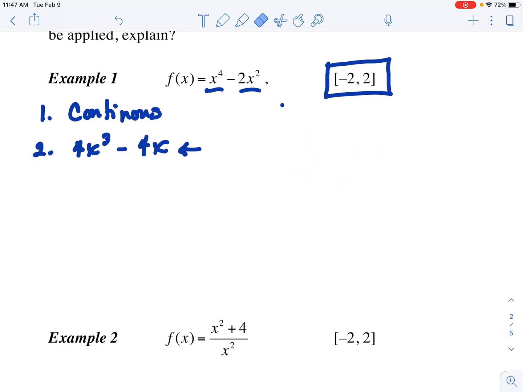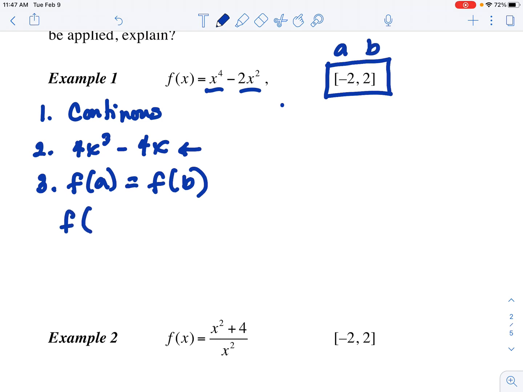All right, the next step you got to show, step 3, f of a is equal to f of b. Okay, so this is our a, that's our b.